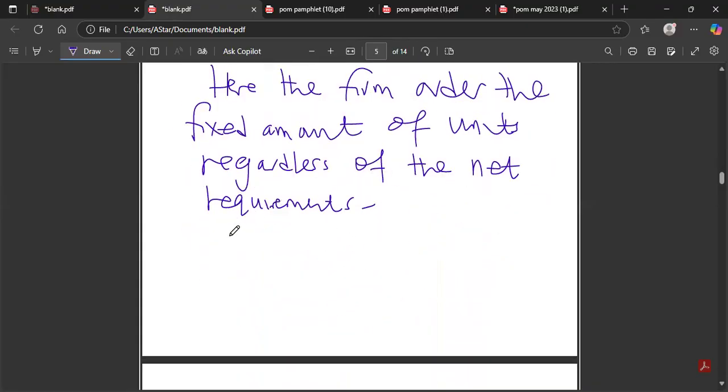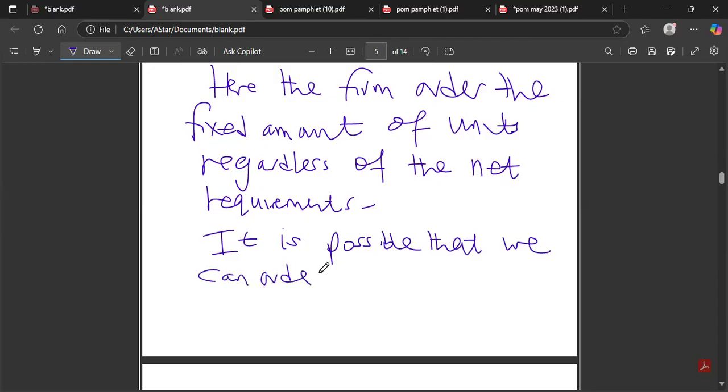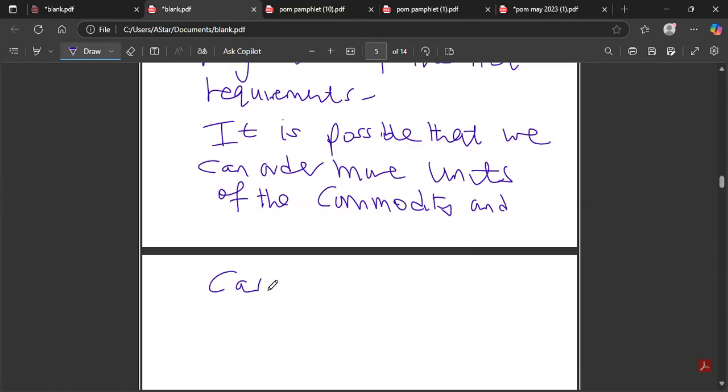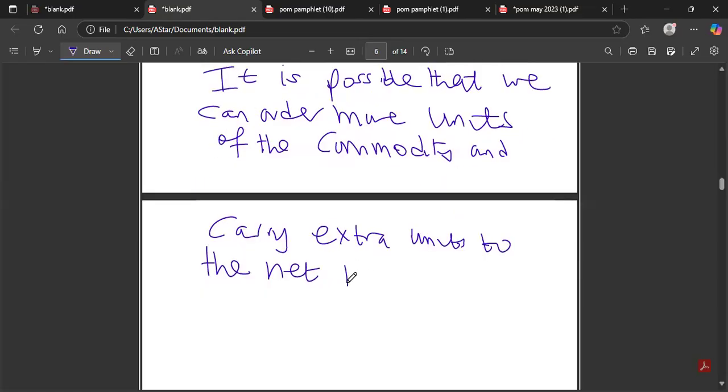It's possible that we can order more units of the commodity and carry extra units to the next period.